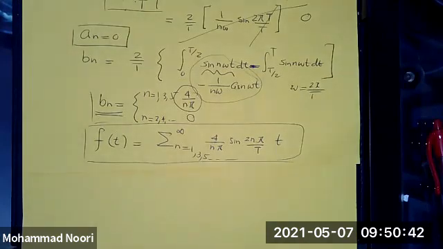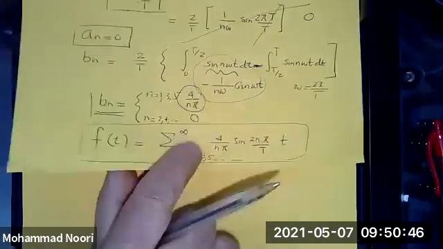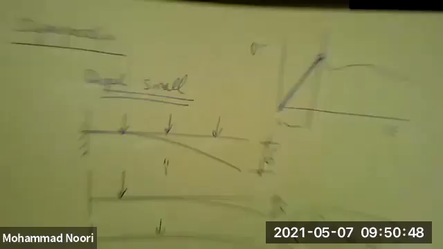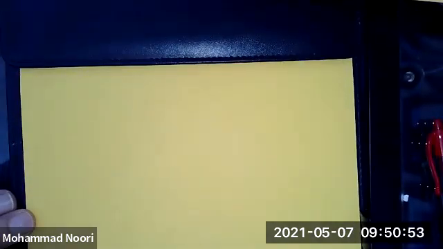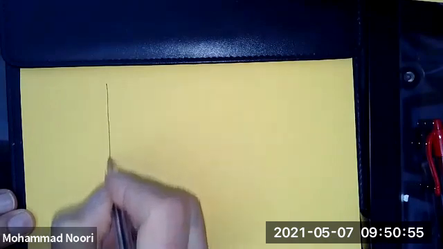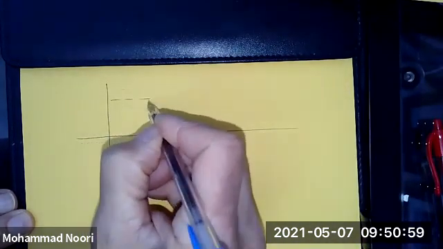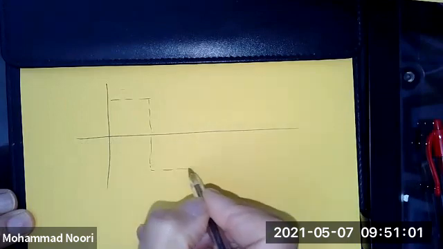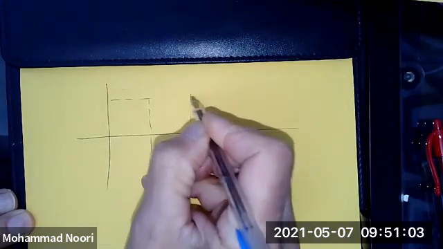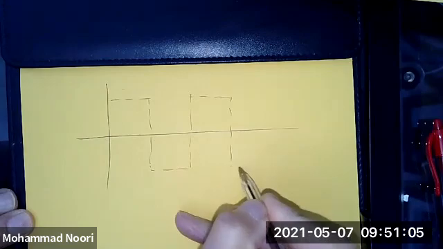Physically, or mathematically, what does that mean? If you plot this function, this was the original function we are trying to approximate using this Fourier series expansion.